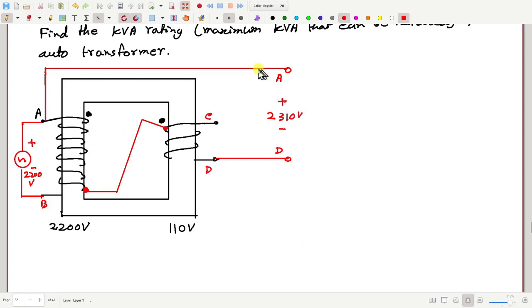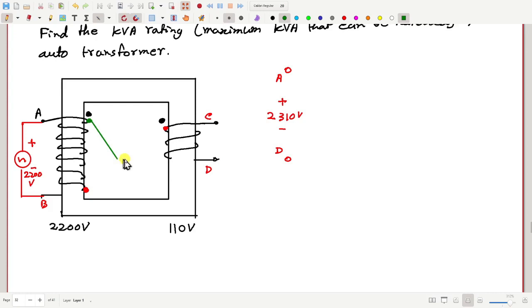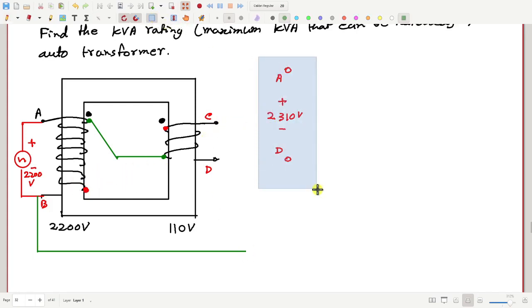For example, I could also connect this end here with this end, and then I can take the output between B and, let me erase this previous one, between B and C. Now how much is the voltage between C and B?